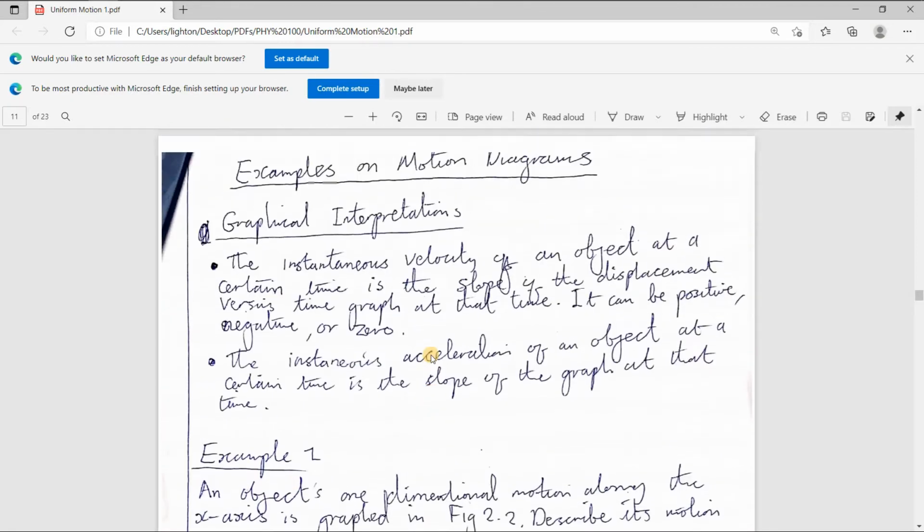The procedure is the same as in grade 12 mathematics: you find the gradient of a curve by making a tangent at a certain point, then solving for the change in y and the change in x. It's the same principle we'll be applying.